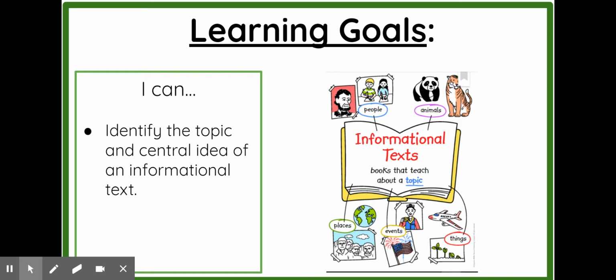In kindergarten, finding the topic and the central idea could look like magazines, procedural text, which is telling you how to do something, such as how to build a bicycle. It could be looking at a menu, nonfiction or informational text, and even pamphlets that you might find, say, at the doctor's office that talk about a certain thing.